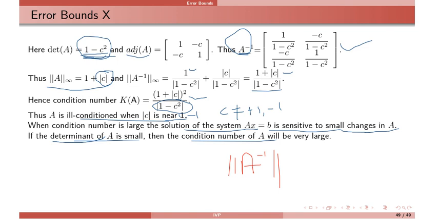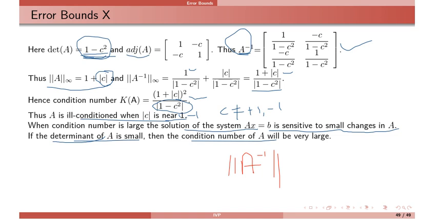If the determinant is bigger, the condition number will be small. So the condition number is inversely proportional to the determinant of matrix A.